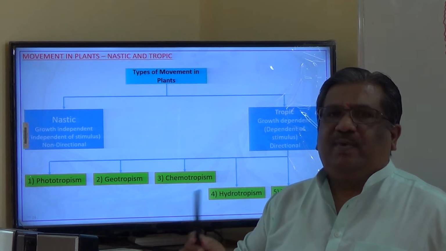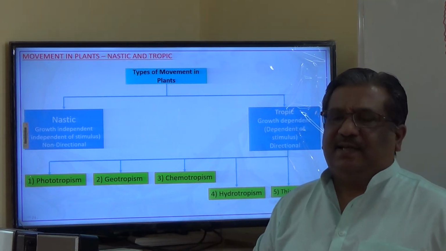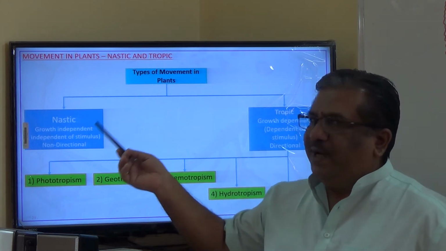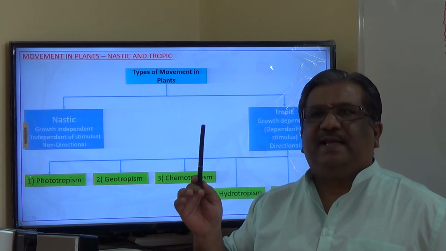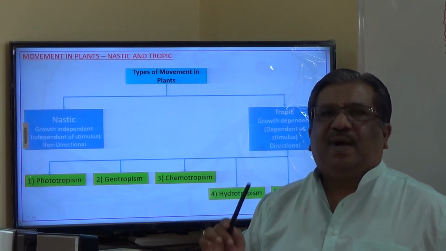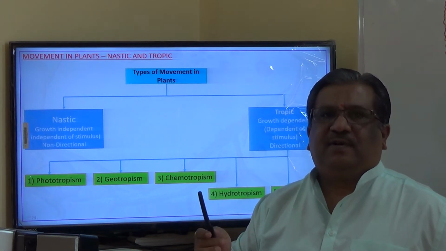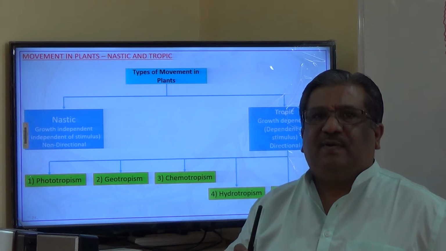Communication between the cells is by means of electrochemical signal, and movement is basically shown by the leaves due to change in size and shape of a cell, and that is also by means of entry of water and exit of water. These things you have to remember.